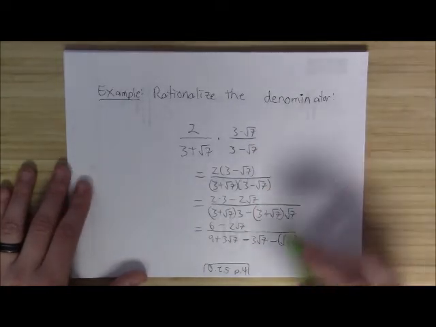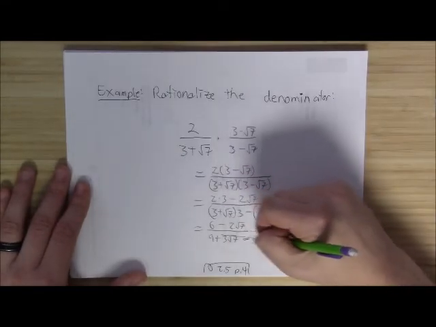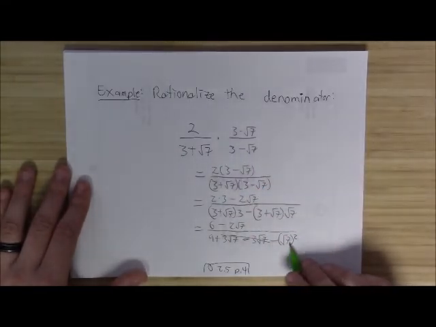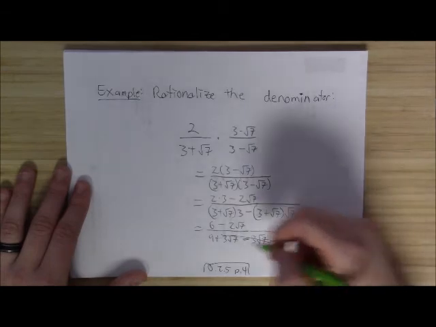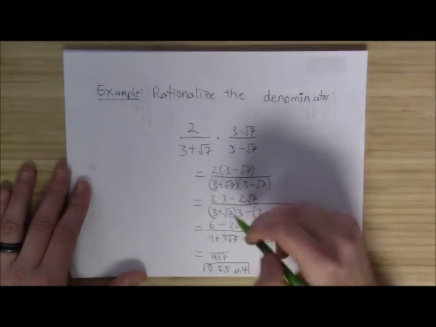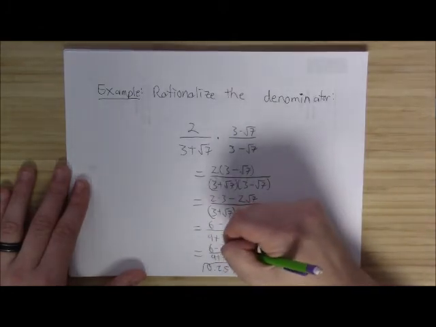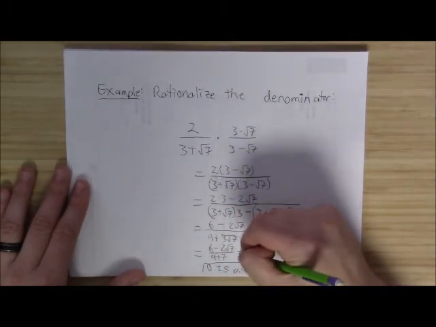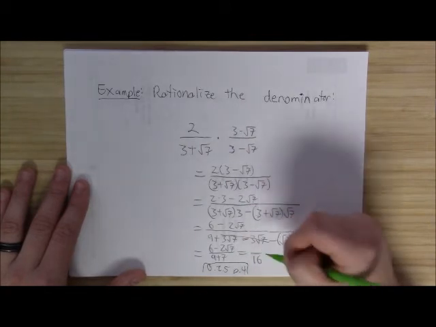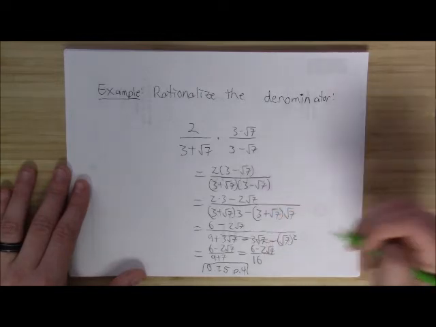Now, two things. Because I'm adding a 3 root 7 here and subtracting a 3 root 7, those will actually cancel. The square root of 7 squared becomes just 7. So I end up with 9 minus 7. I still have the 6 minus 2 root 7 on top. But that gives me 16 in the denominator and 6 minus 2 root 7 in the top.